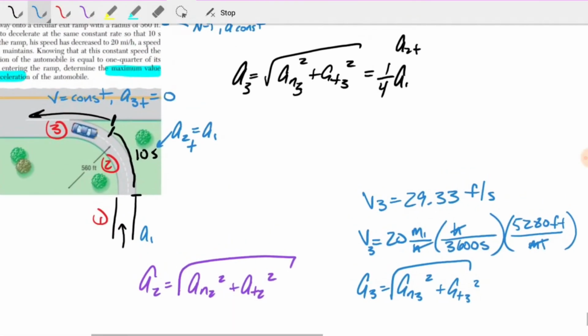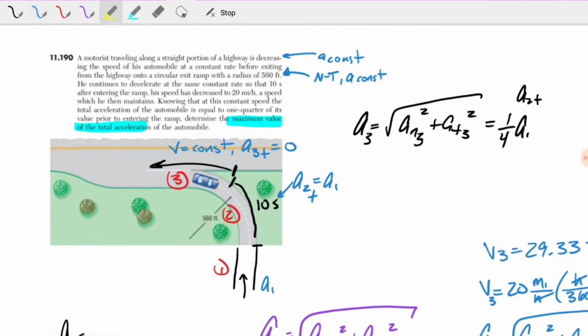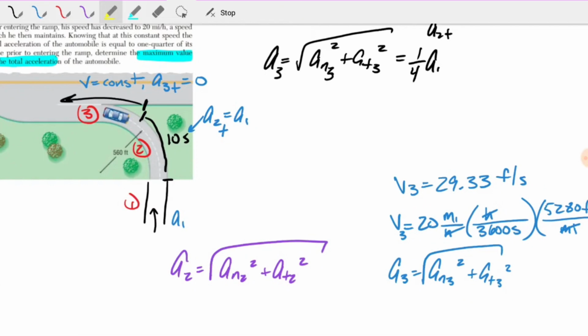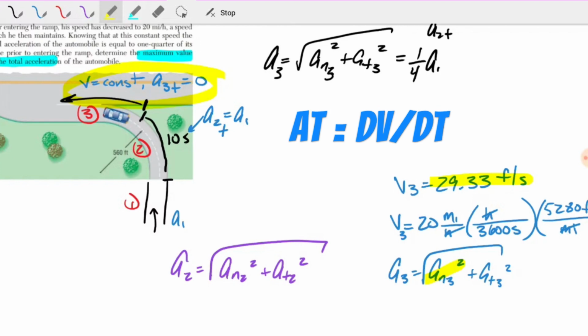We know in the space where he's traveling, he's still on the curve now. I didn't really draw it well, but he's still on that curve. But we know he has this constant velocity at that part, so we know his velocity is 29.33. With the constant velocity, I can find his normal acceleration. He also tells us that because the velocity is constant, the tangential acceleration has to be 0.